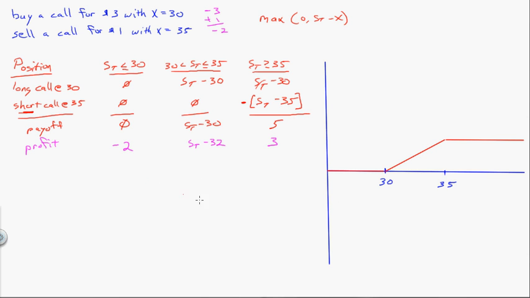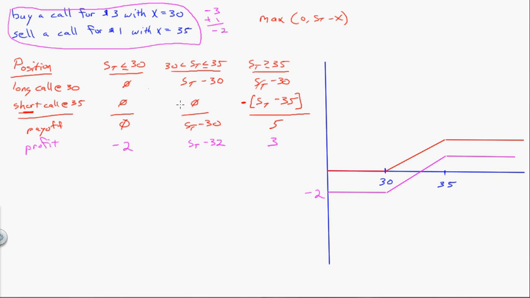And then my profit is going to look like this, where it's always $2 below the payoff.